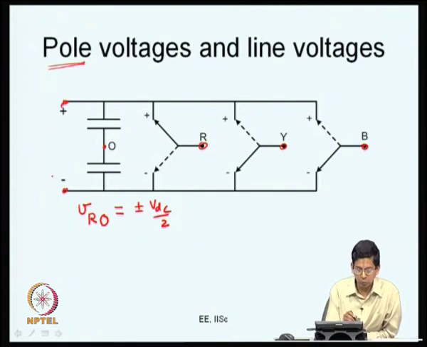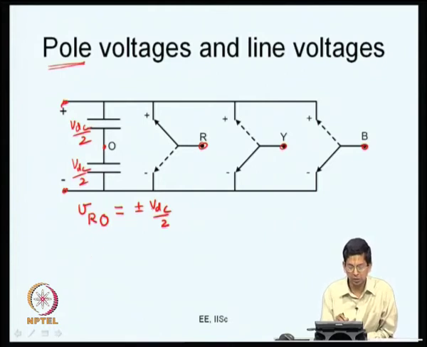The entire DC bus voltage is VDC, so you have VDC by 2 here and VDC by 2 here. So, when the pole is connected to the top throw, VRO is plus VDC by 2, and when the pole is connected to the bottom throw, shown through the dashed lines here, you get minus VDC by 2. So, VRO can be either plus VDC by 2 or minus VDC by 2.